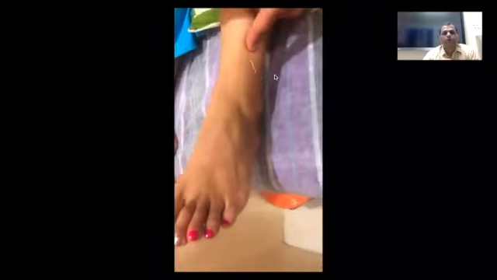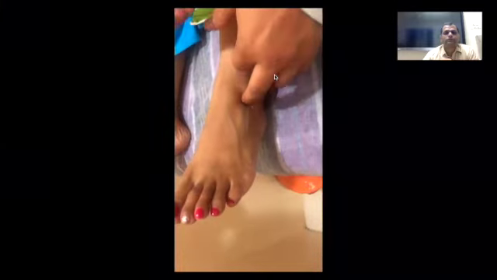This is the lateral malleolus and this is the depression. If from the lateral malleolus we go 3 chun up, this is the location of gallbladder 39. So I am putting the gallbladder 39. And this is gallbladder 40 in the depression, anterior to the lateral malleolus.